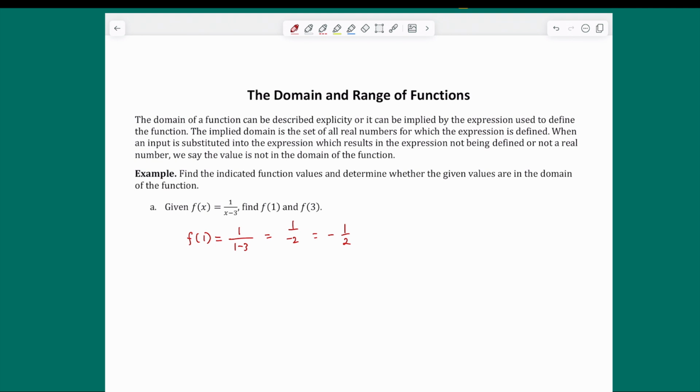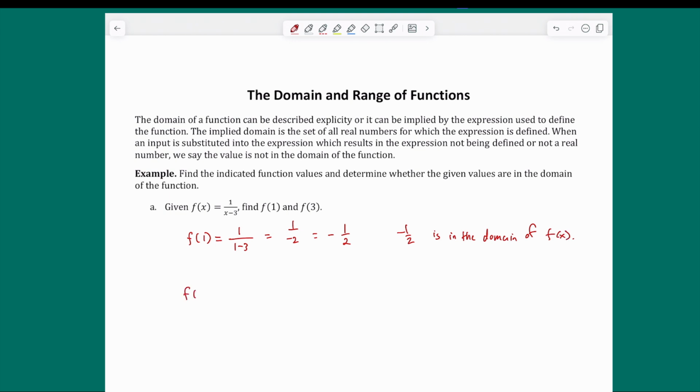Put the negative side in front. Okay, so then negative 1 half results in something that's defined, right? And so we would say negative 1 half is in the domain of f of x.